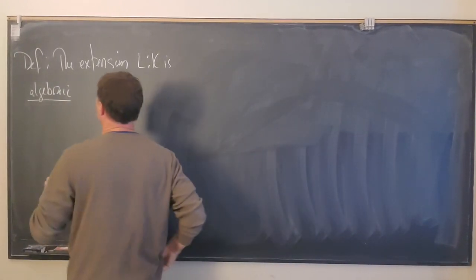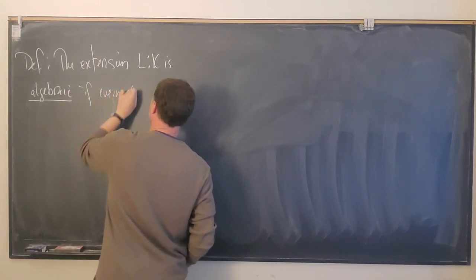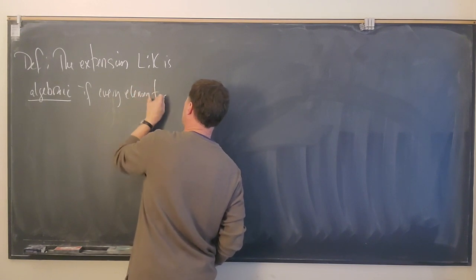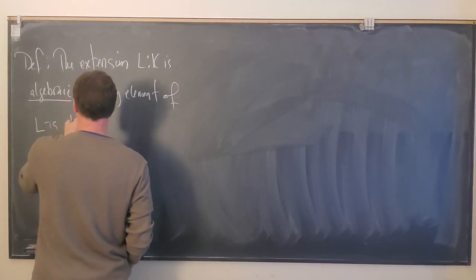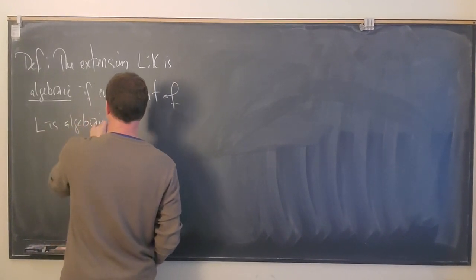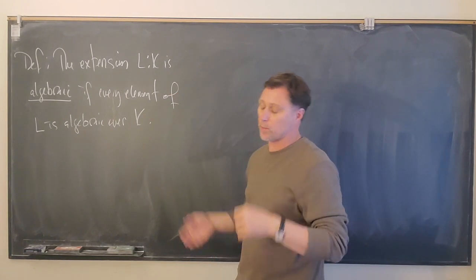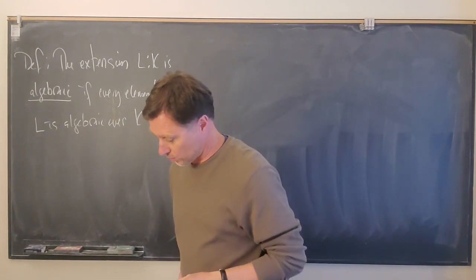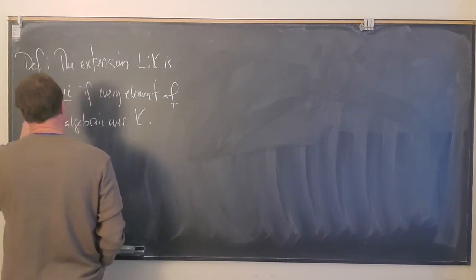So this extension is algebraic if every element of capital L is algebraic over K. So if all the elements are algebraic, then we say that the extension is algebraic. That's the end of the definition.